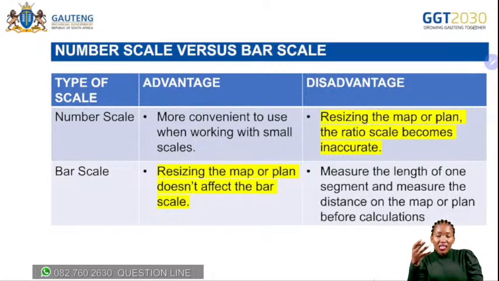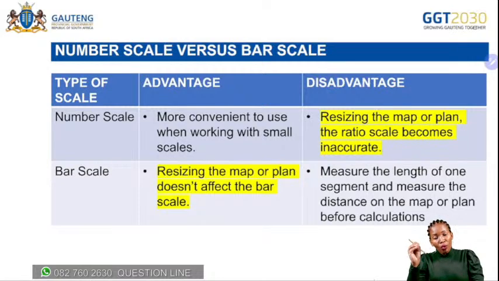By resizing, it means it could have become bigger than the original size, or smaller than the original size. And there are some scales whereby if an object has been made bigger or smaller, then that particular scale becomes inaccurate.